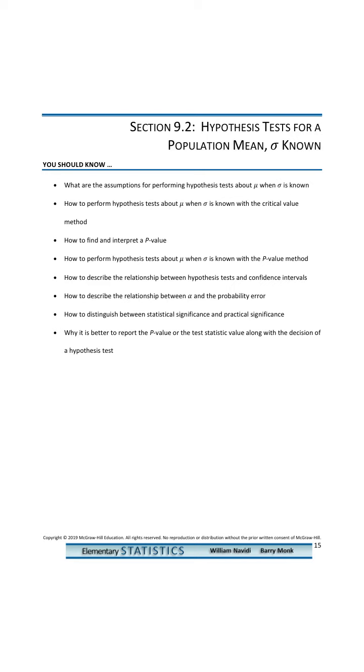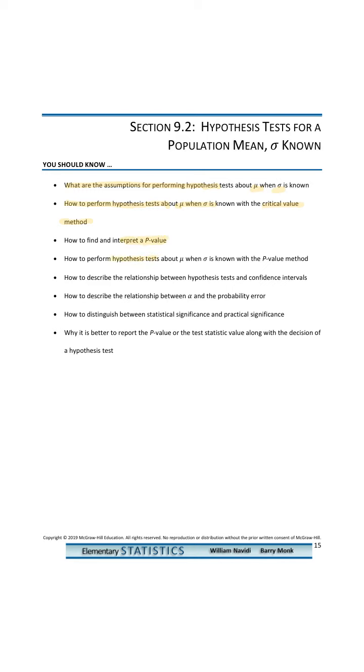So in this section, you learned the assumptions for performing a hypothesis test about mu when sigma is known, how to perform a hypothesis test about mu with sigma known using the critical value method, and how to find and interpret the p-value.